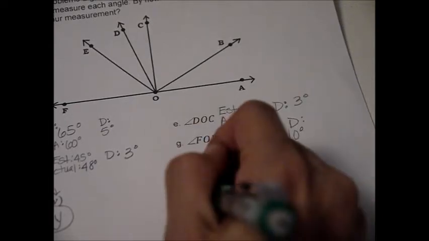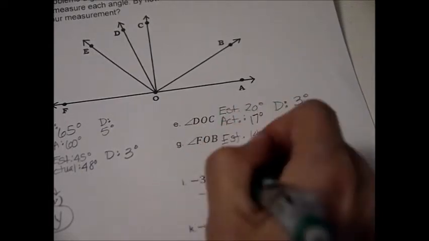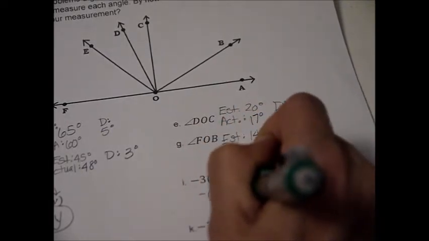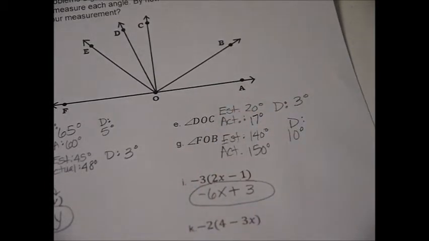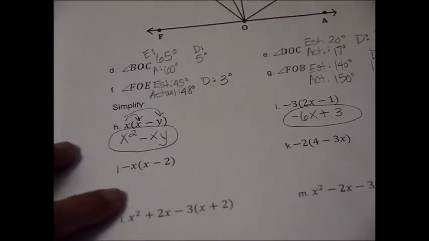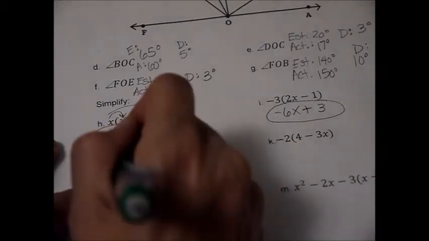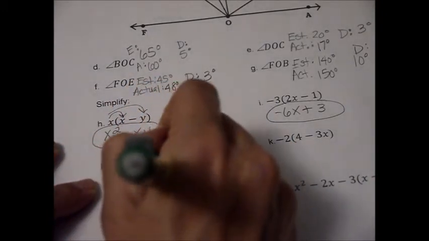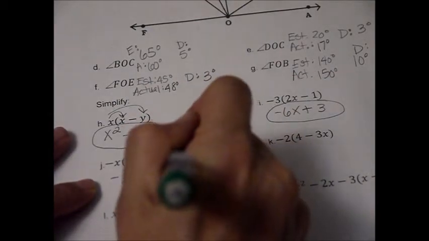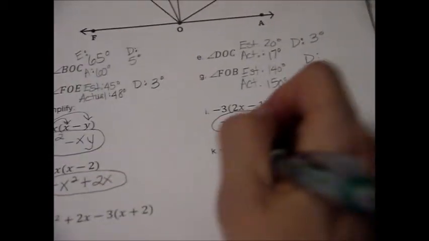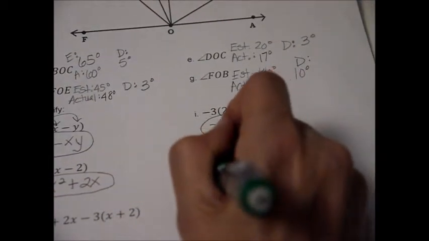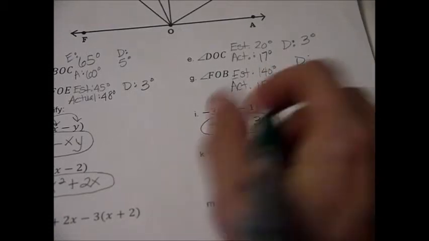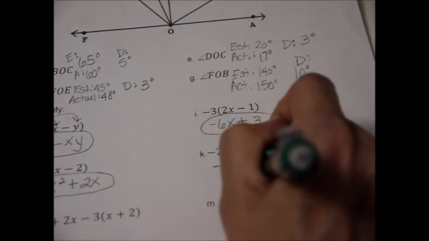Negative 3 times 2x is negative 6x. Negative 3 times negative 1 is positive 3. Okay. Negative x times x is negative x squared plus 2x. Okay. Negative 2 times 4 is negative 8. Negative 2 times negative 3 is plus 6x.